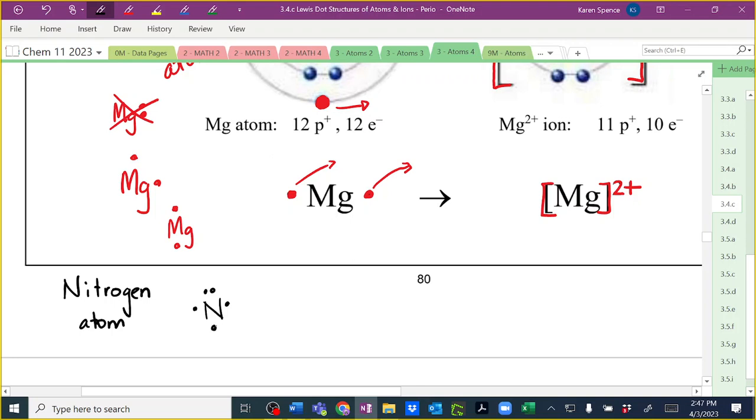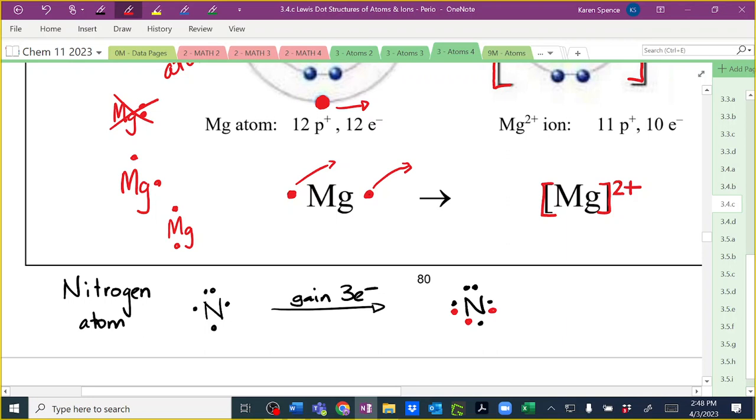So when it becomes an ion, is it going to gain electrons or lose electrons? It's going to gain 3 electrons. There's our original 5. And then I have an extra 1, 2, 3.